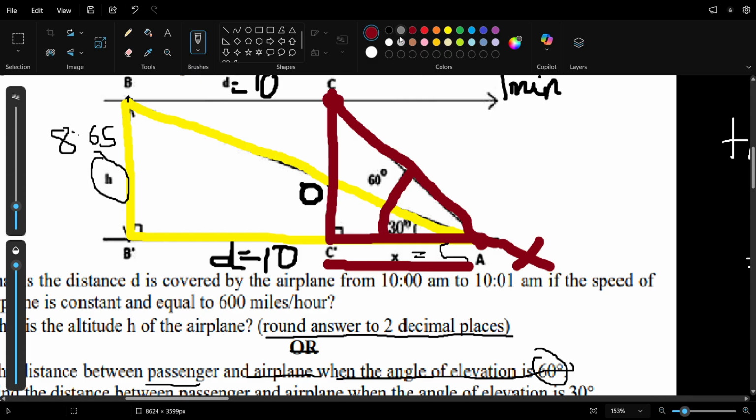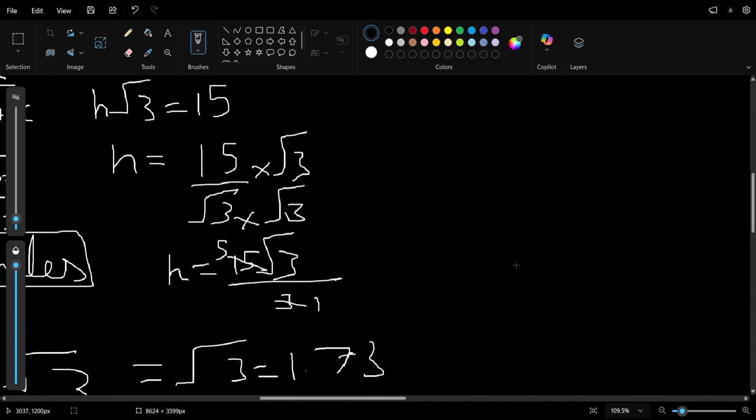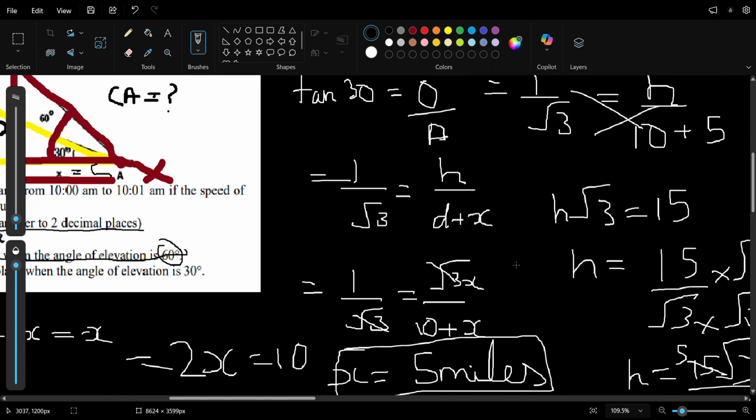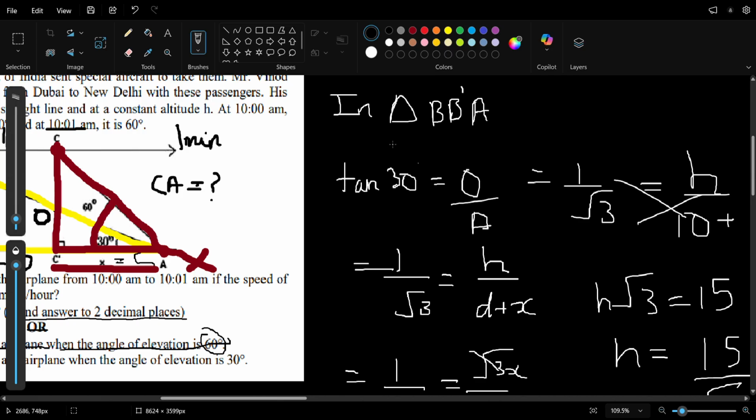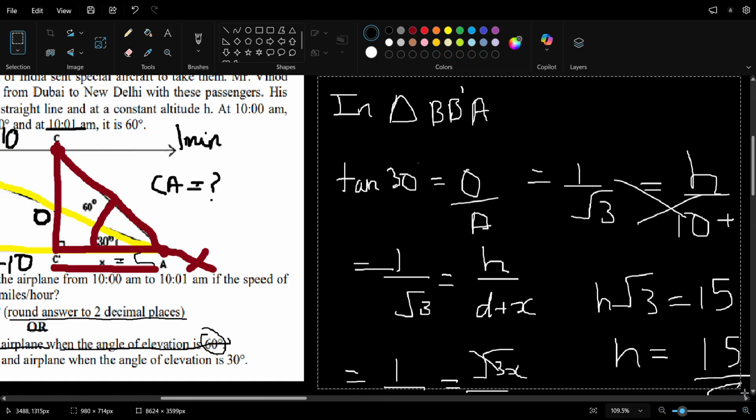So here you have to find CA, not x. X equals 5 is just the distance of the base, but the actual distance is CA. To find the hypotenuse, let me just clear this up.